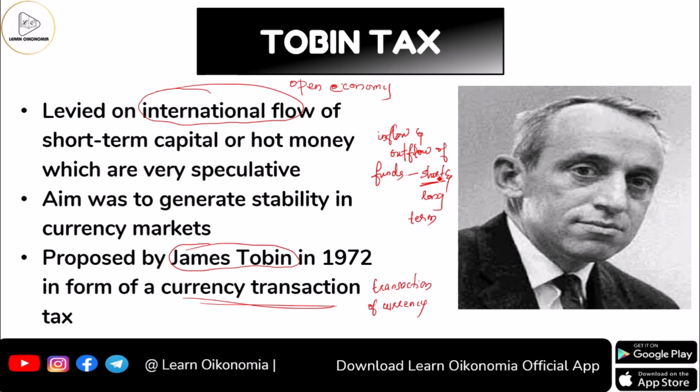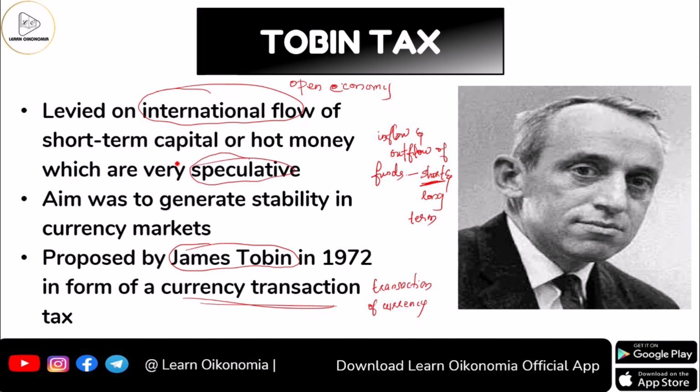Why are we concerned about this? Why is Tobin tax just concerned about short term movement? Because as per Tobin, short term movement of money or short term flow of capital is very much speculative.